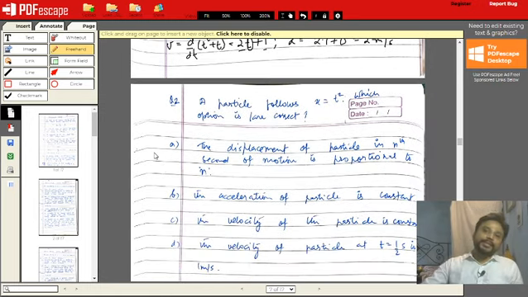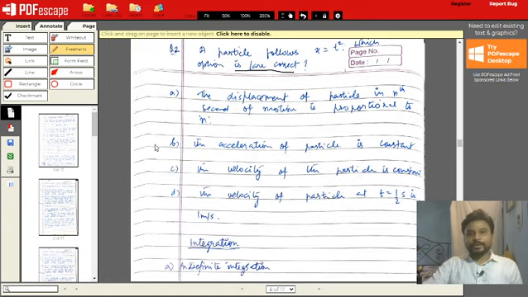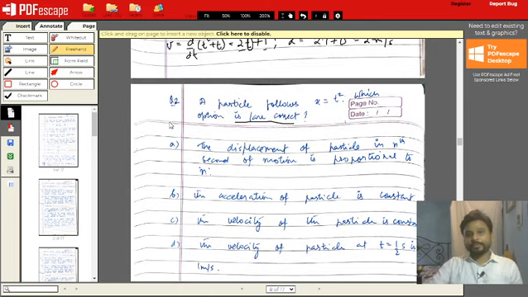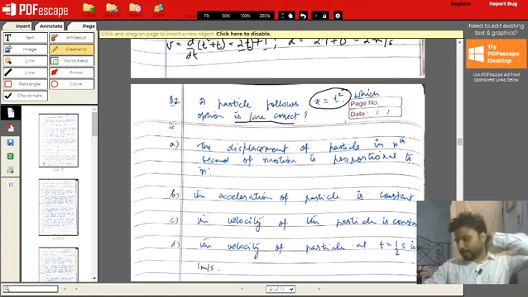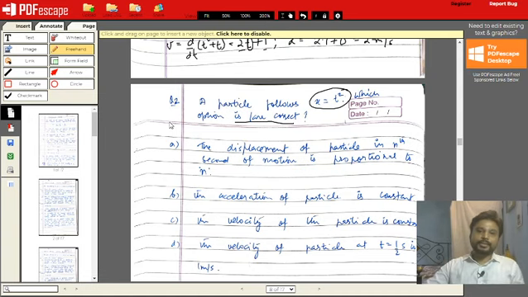A particle follows x is equal to t square. Which options are correct? The displacement of the particle in nth second is proportional to n. For these kinds of expression, when x is equal to t square, let us try to find the displacement in nth second. That is, the position of the particle at n plus 1 would be n plus 1 whole square, minus the position of the particle at n seconds, which would be simply n square.